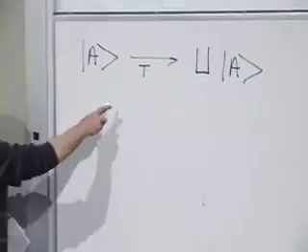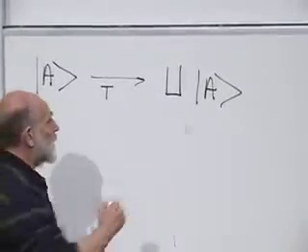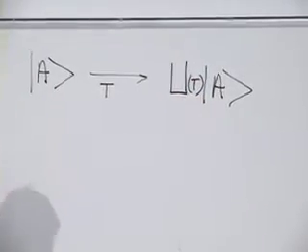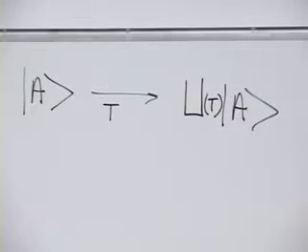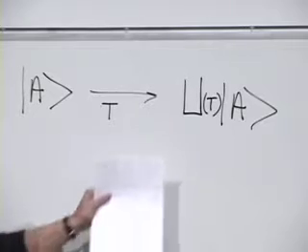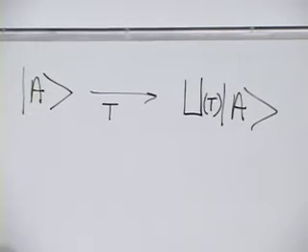All right, so let's suppose that state A evolves under time evolution to U times A. And of course, we should indicate here this U should be parameterized with how much time evolved. T is the amount of time which evolved, some operator which acts on the initial state to give the state after time t. So here it is after time t.